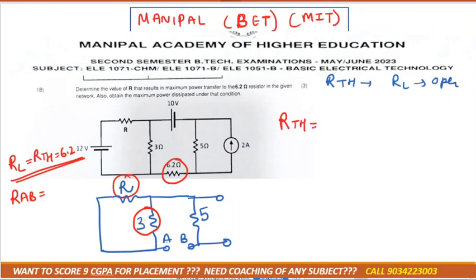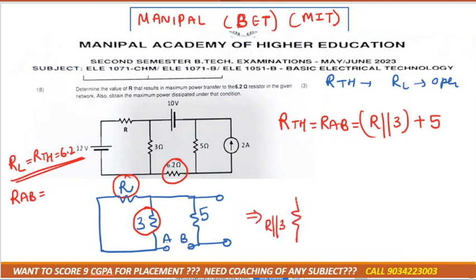So RTH would be equal to RAB equal to R parallel 3. Then it is combined in series with the resistance of 5 ohm. Because if I redraw the diagram, it would be like this: R parallel 3 and then the resistance of 5 ohm, right?